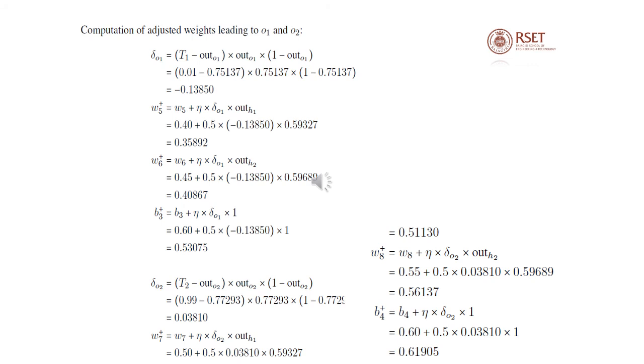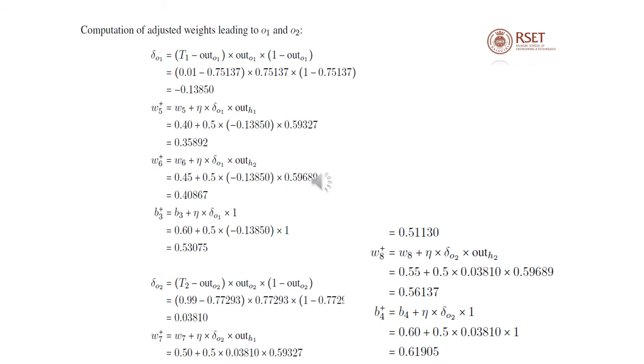Similarly, we have to update W5, W6, W7, W8. So W5 new is W5 plus learning rate into delta of O1 into output of the hidden layer. Similarly for W6, and for W7 and W8. W7 and W8 are for O2, that is the second output node.